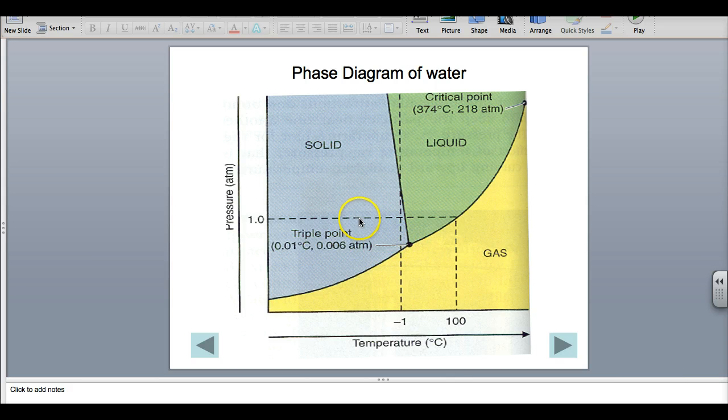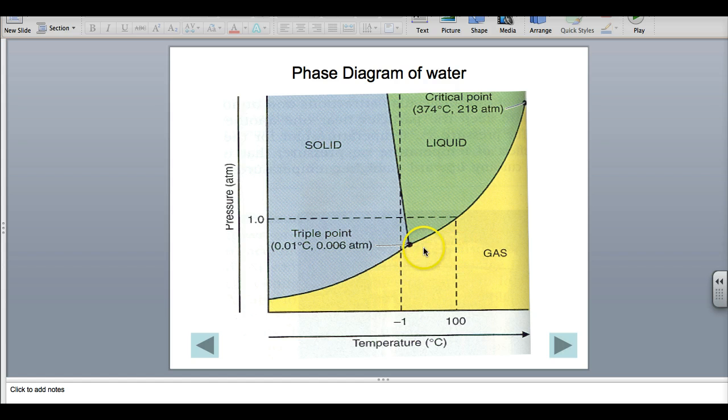So at 1 atmosphere, as temperature increases at constant pressure, you can see that the solid becomes liquid to gas. Now, if we were at a lower pressure, lower than 0.006 atmospheres, almost a pure vacuum, we would have a sublimation.